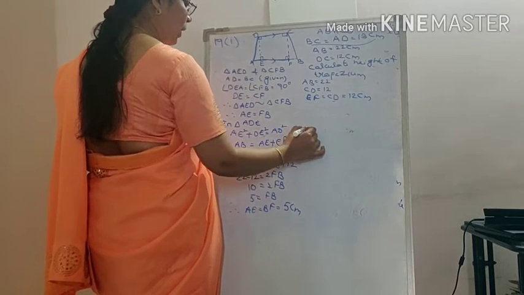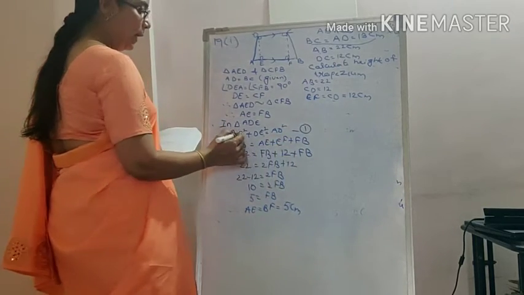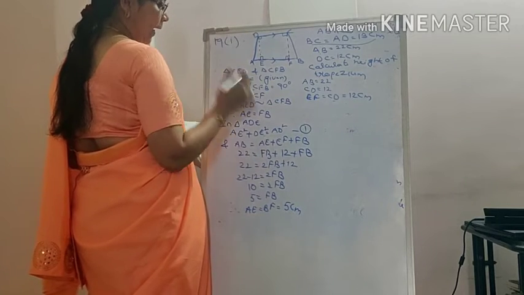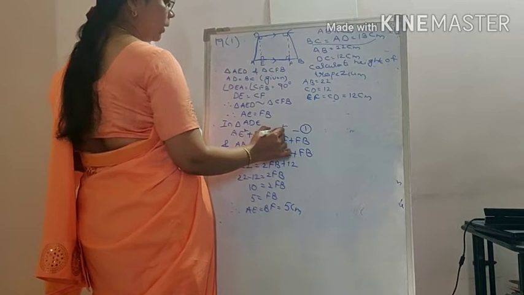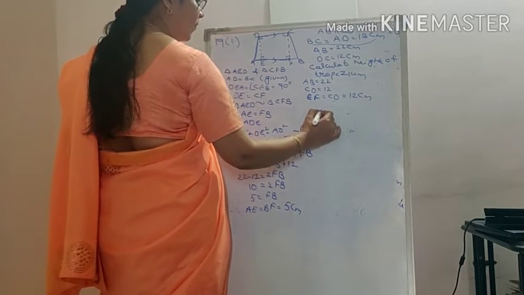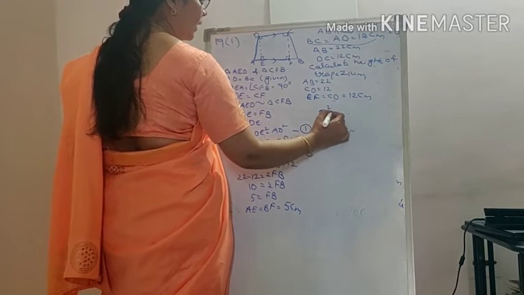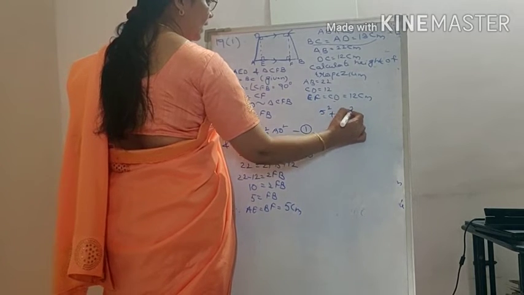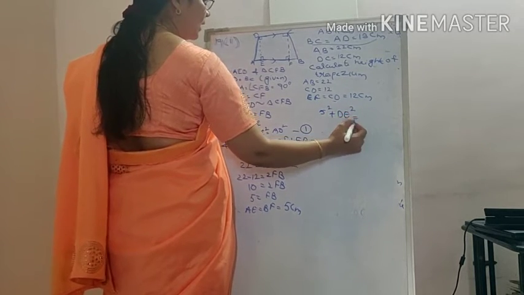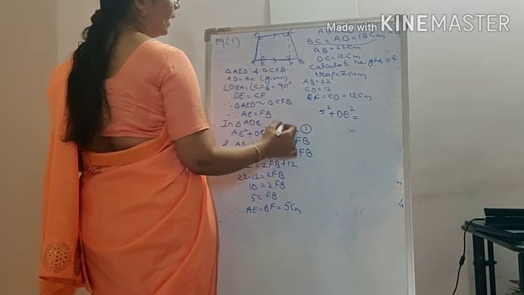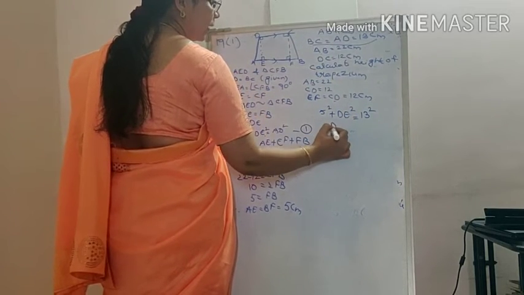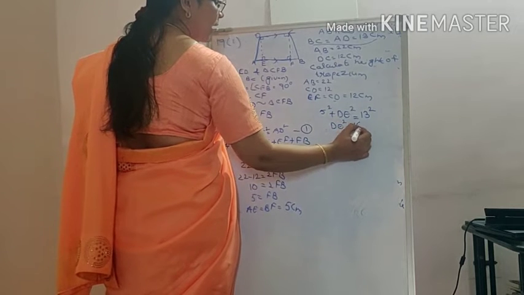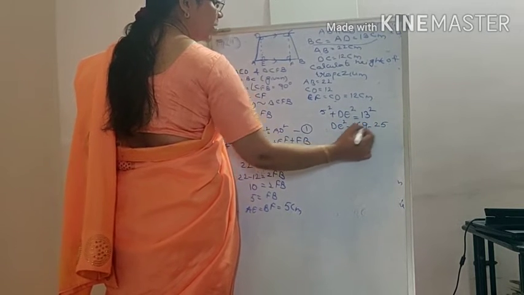Now let this be equation 1. Let us put this in equation 1. AE square plus DE square is equal to AD square. AE we have just found as 5, so 5 square. We have to calculate DE square. AD is given as 13, so 13 square. So DE square is equal to 169 minus 25.